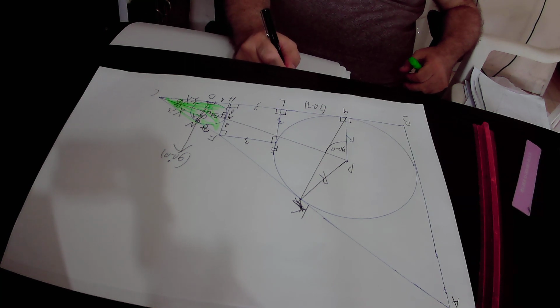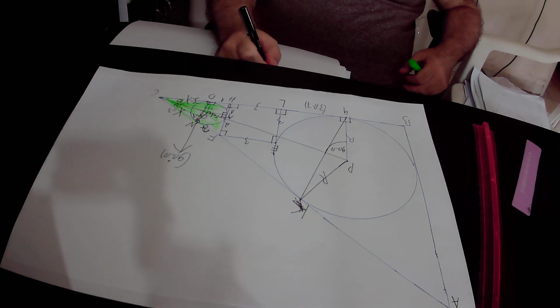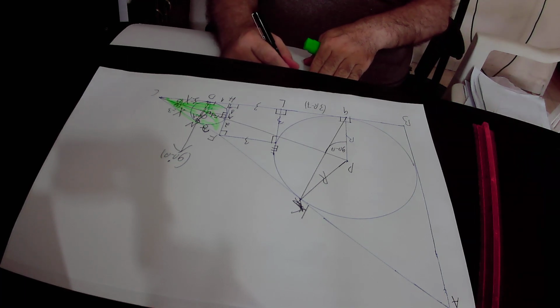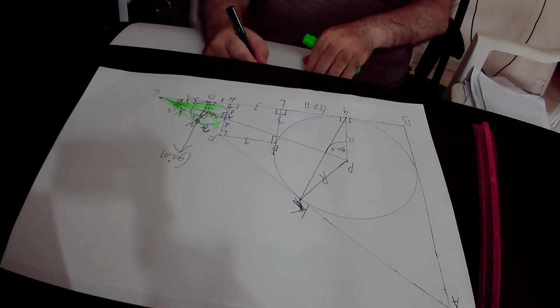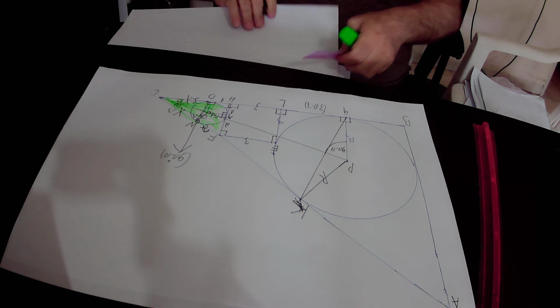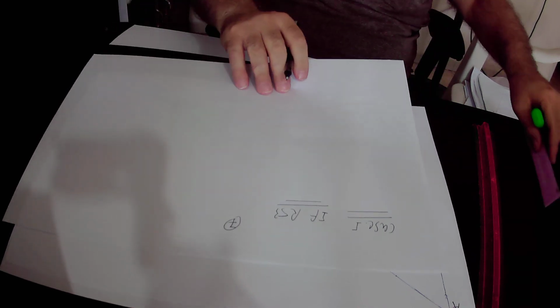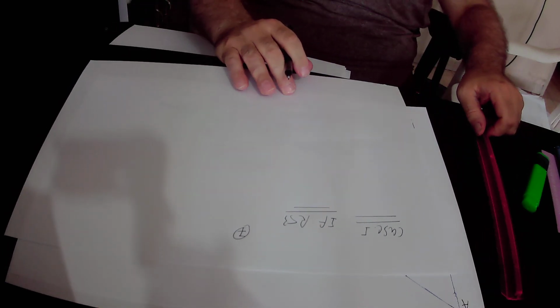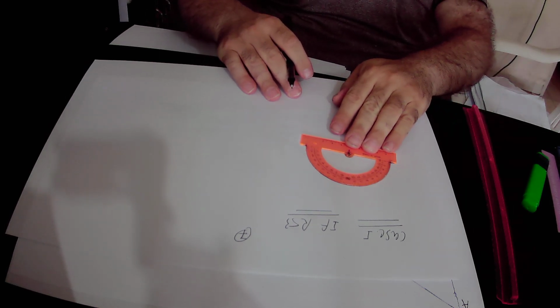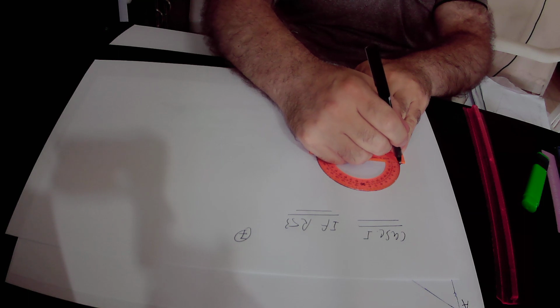Case 1. What happens if R is less than 3 units? Okay, if the radius of the big circle is less than 3 units, here I will draw a circle whose radius is less than 3 units.